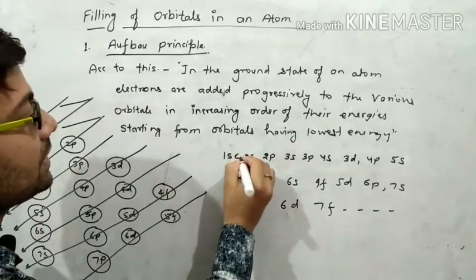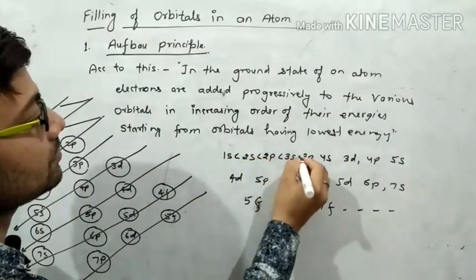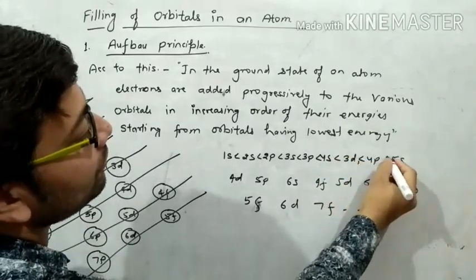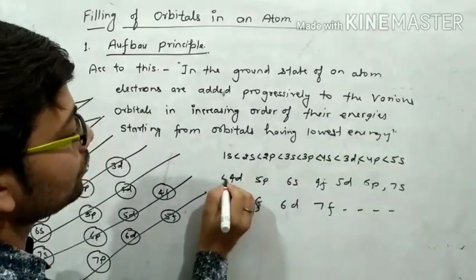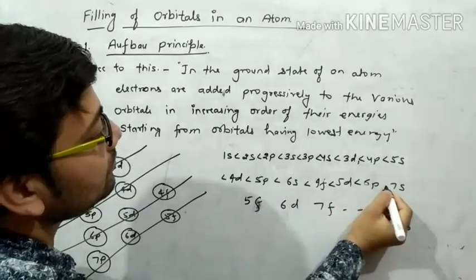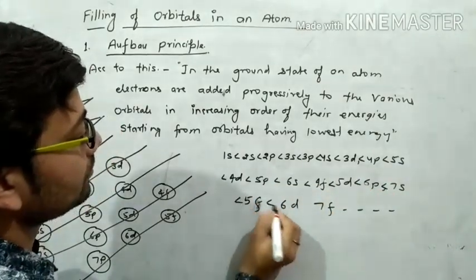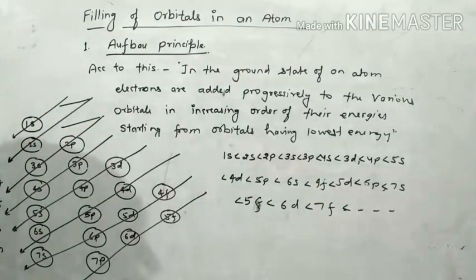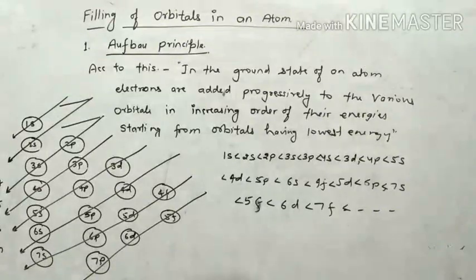These have lowest energy, and then the energy of orbitals goes on increasing in this order.